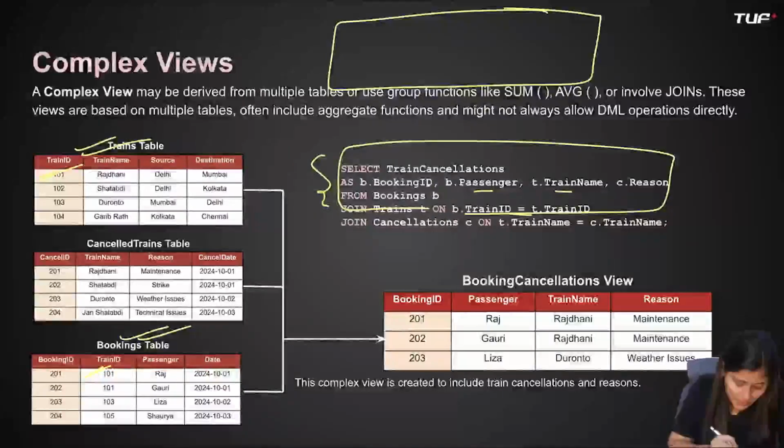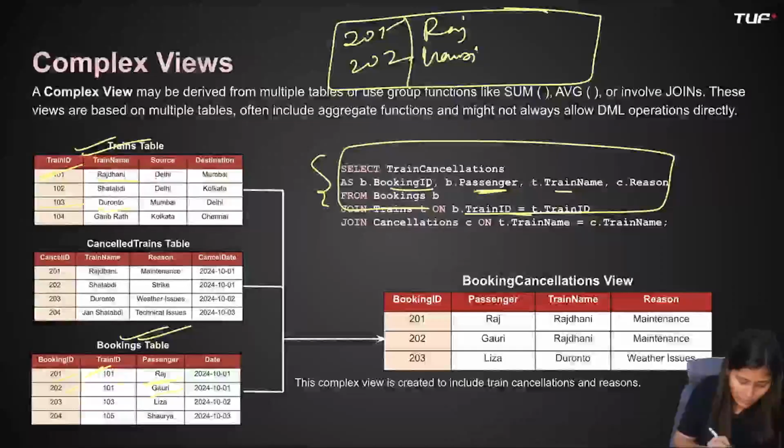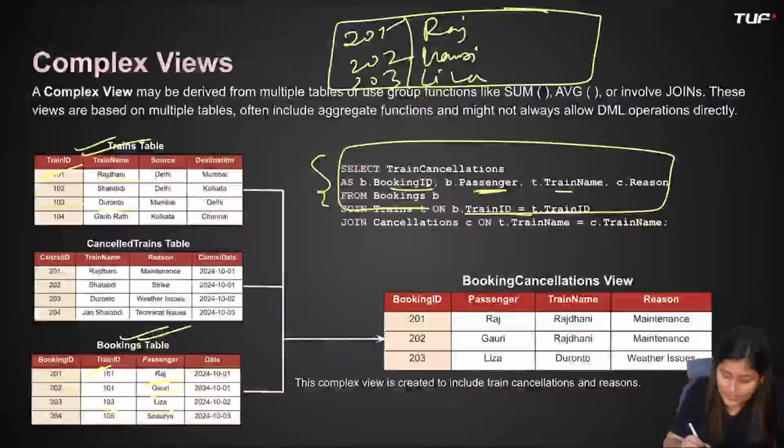So 101, Rajdhani, matches once with Raj and once with Gauri. For passengers Raj and Gauri, the booking IDs are 201 and 202. Now 103, Duranto, will be matched with Lisa, having booking ID 203. We are selecting train name also, so train name will give Rajdhani.